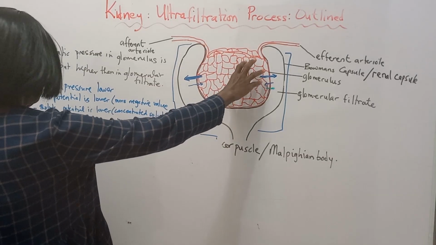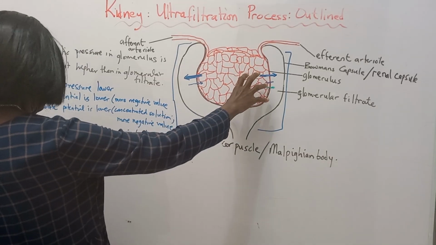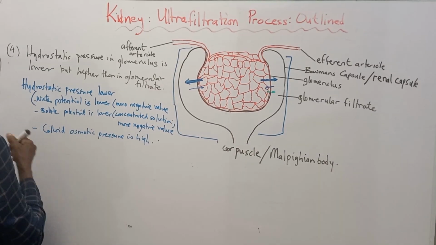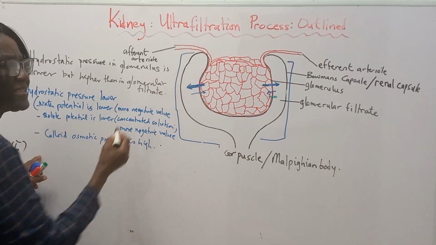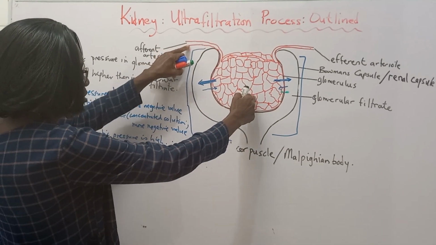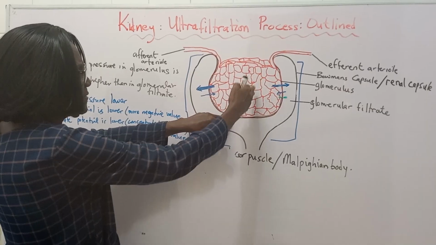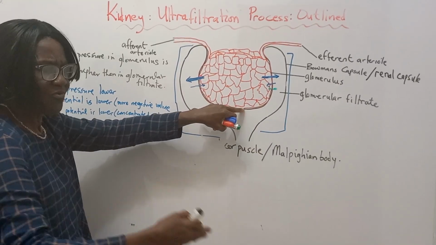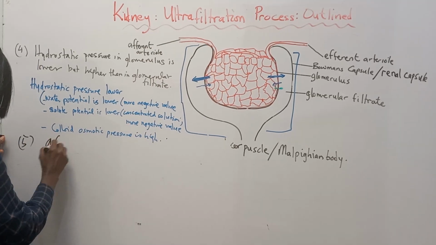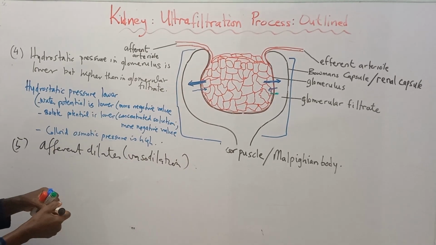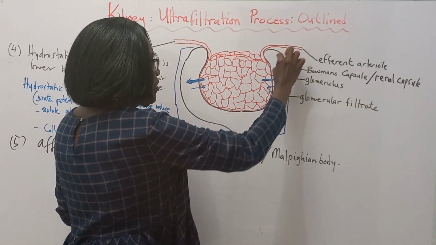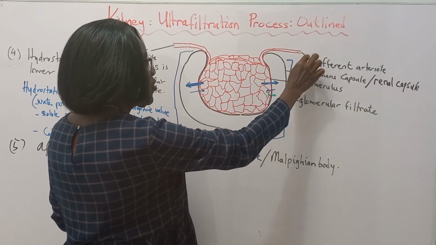So when the hydrostatic pressure falls and the colloid osmotic pressure is high, the fifth point is what happens. The afferent arteriole dilates to let more blood flow in, to increase the blood pressure, to make sure that ultrafiltration goes on. So you have the afferent arteriole dilating to bring in more blood, and then the efferent arteriole can also constrict to reduce the amount of blood that is flowing out.